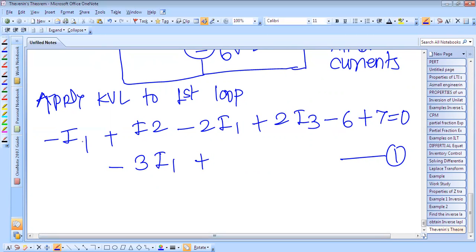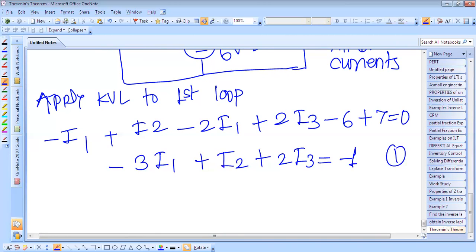So I1 is here minus 3, I2 is also there plus 2, I3 and this is equal to minus 1. Okay, so this is equal to minus 1.